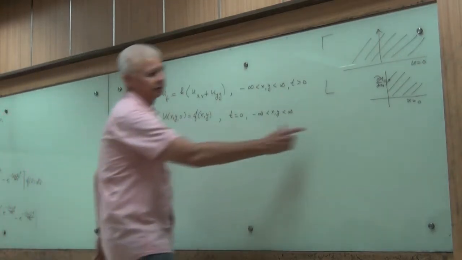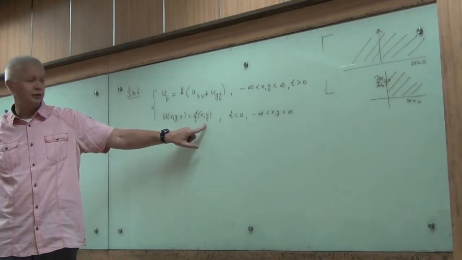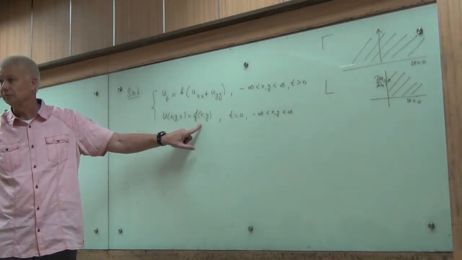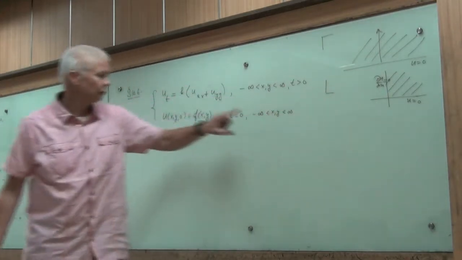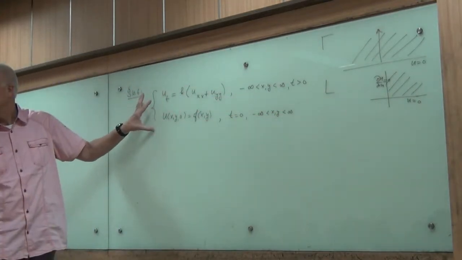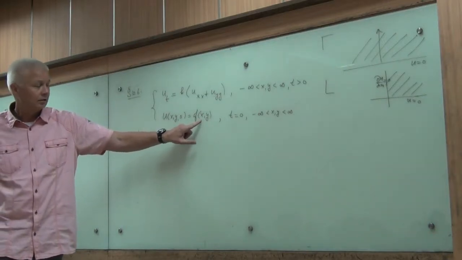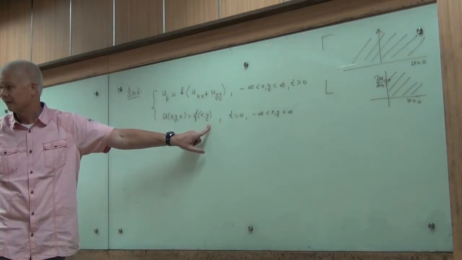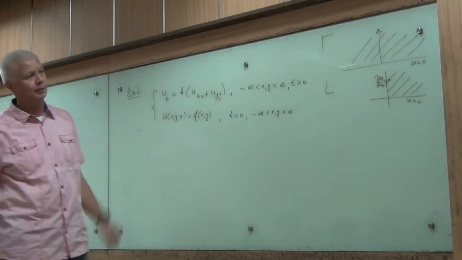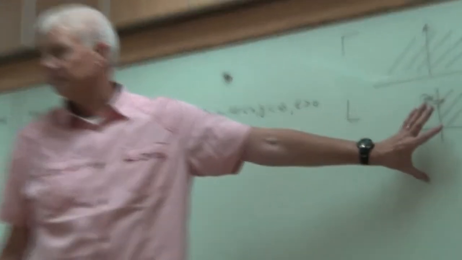So if the function for this problem is extended in y as an odd function and in x as an even function, then I'm actually solving that problem, but the solution is given by this formula, where f is even in x and odd in y.